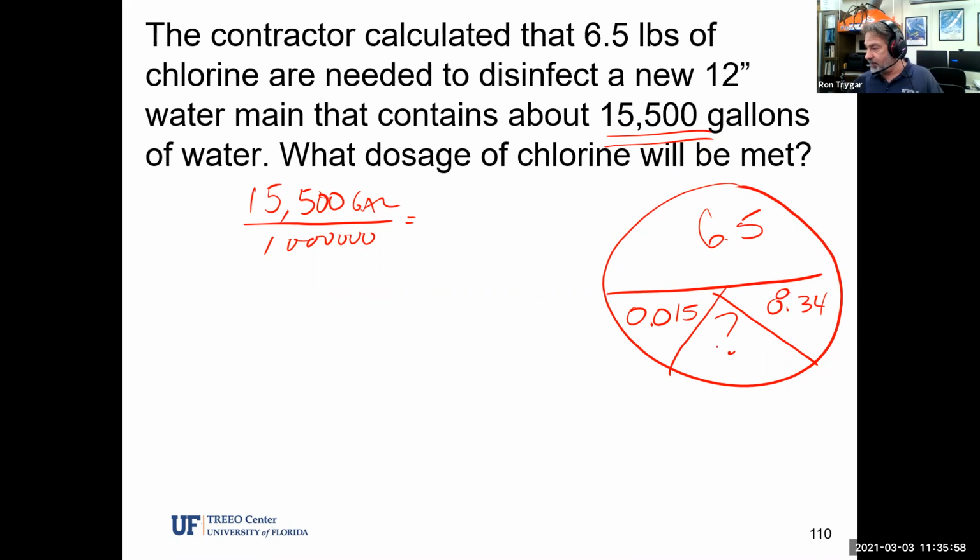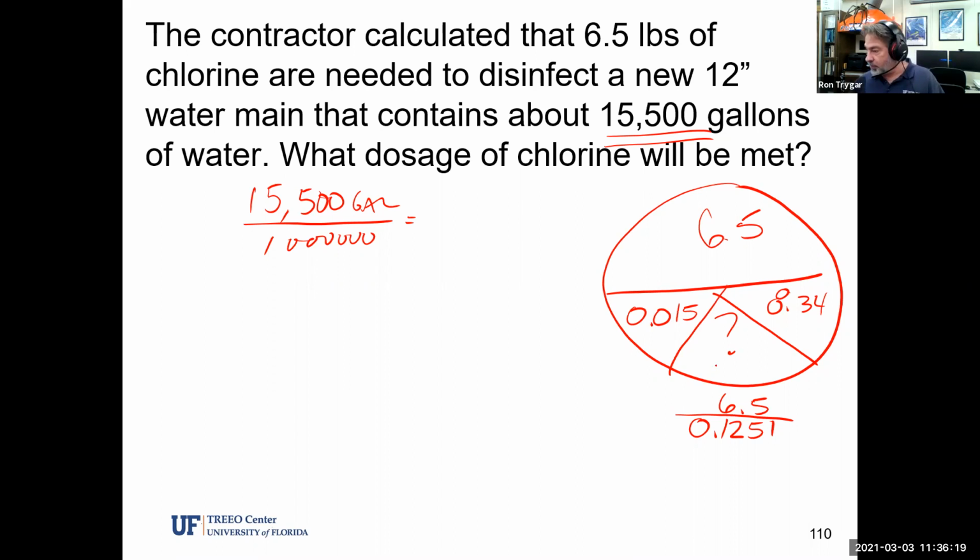And I've got a bottom factor here of 0.1251. And we're going to divide that into the 6.5 pounds that was going to be used. So 6.5 divided by 0.1251.